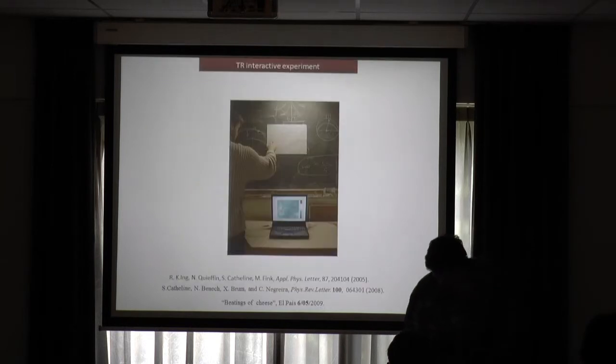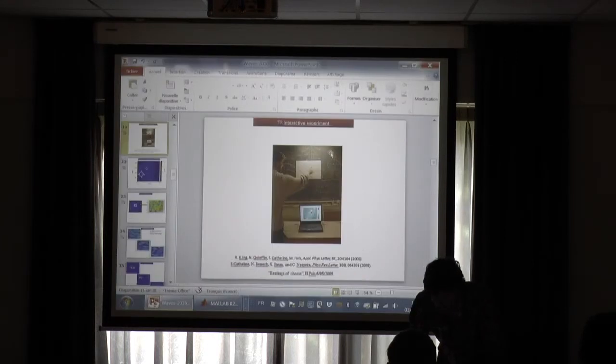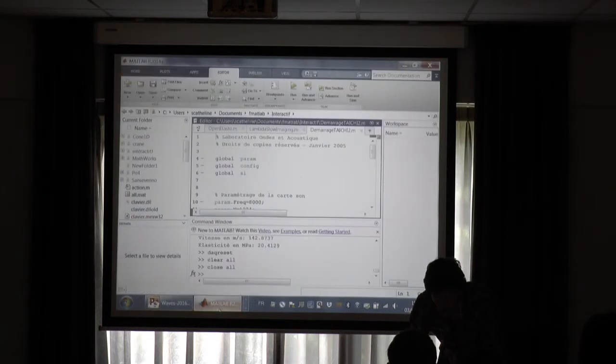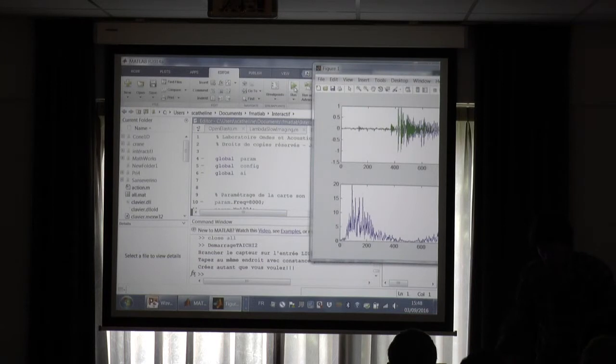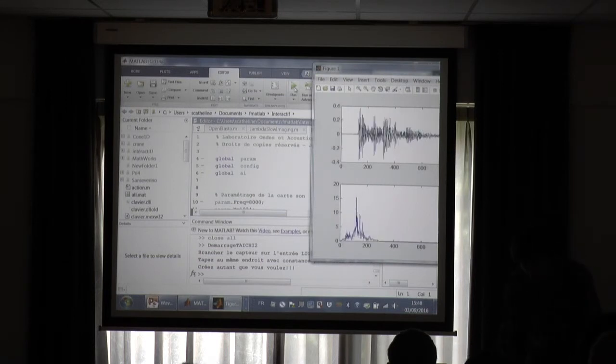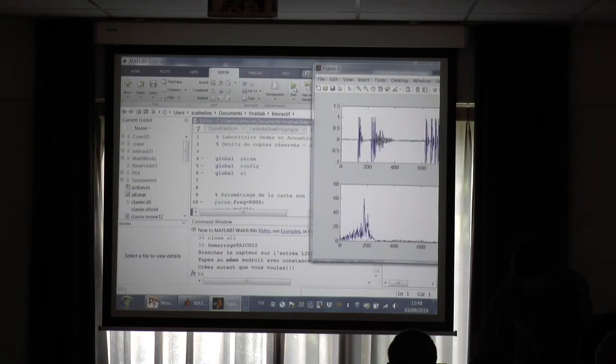So now I'm going to do the experiment, so I have to use MATLAB. I'm going back here, and I have here two microphones, which are connected to an external sound card which is there and which is connected to my computer.